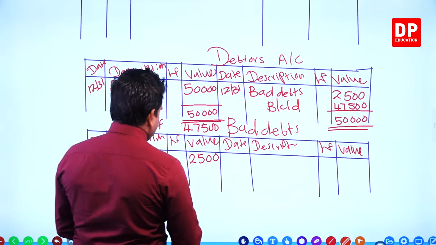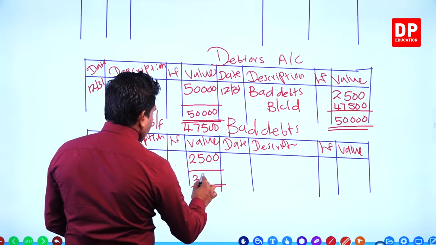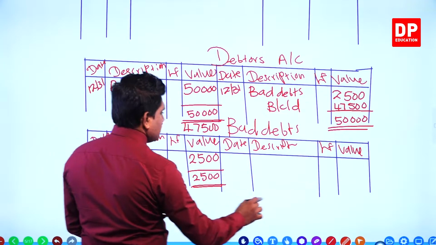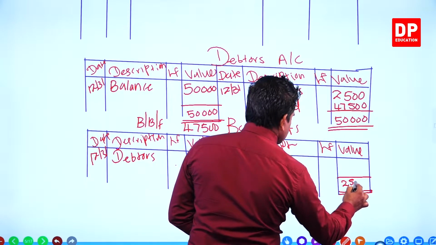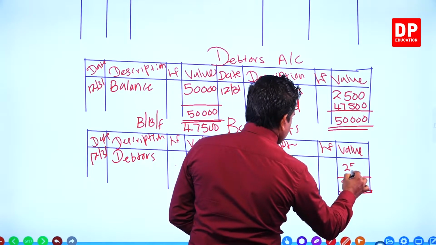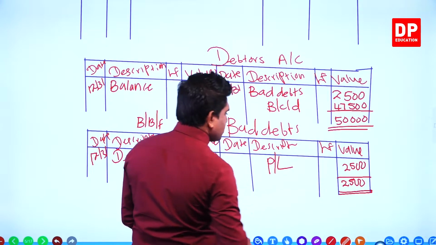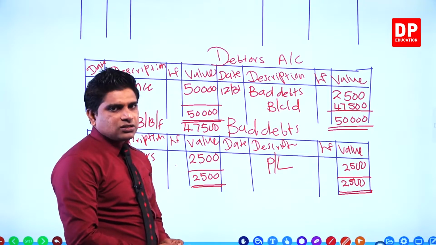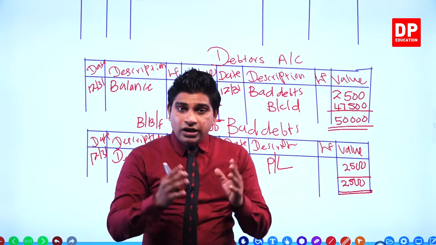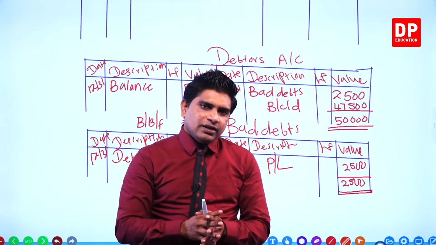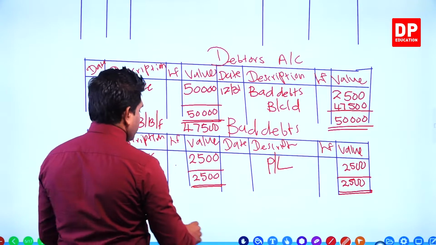All right. Now the bad debts account 2,500. Then where? Profit and loss. But you remember, we record in the general journal only the double entry related to the bad debts. How much? 2,500.